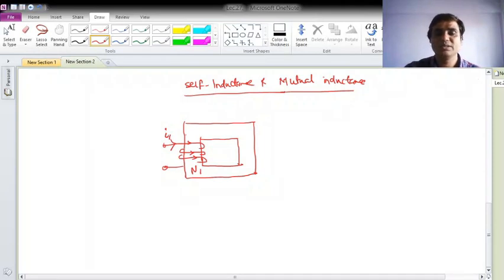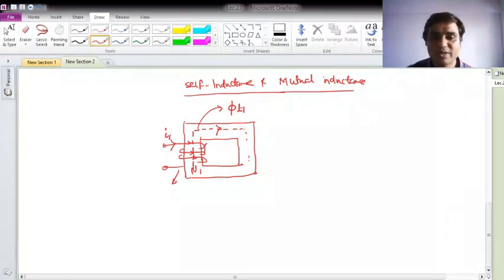The thumb direction will indicate the direction of the flux which will be produced by the current flowing in coil 1 with number of turns N1, right? Let me call the flux produced phi t1. This is my total flux. Now out of this total flux, what will happen?